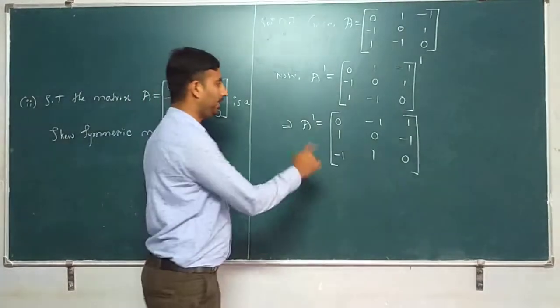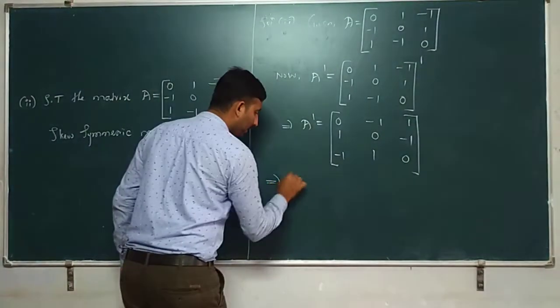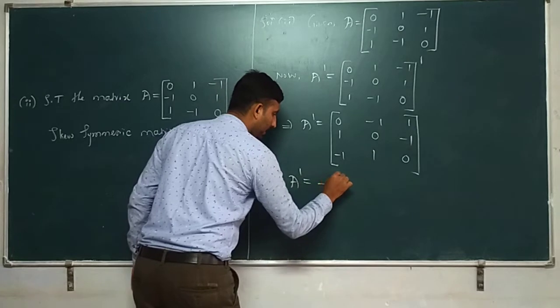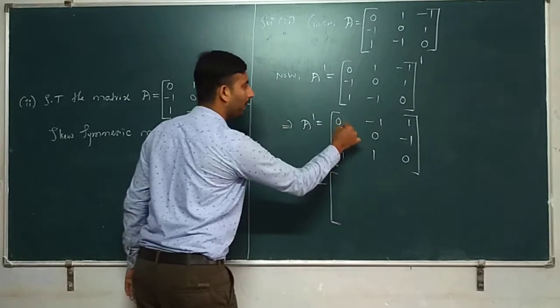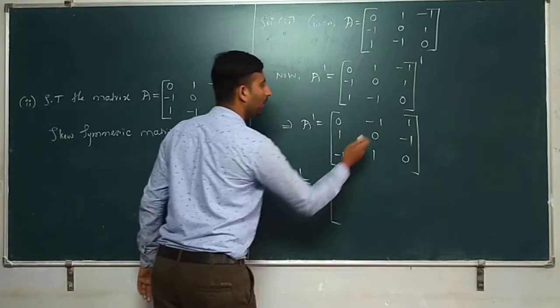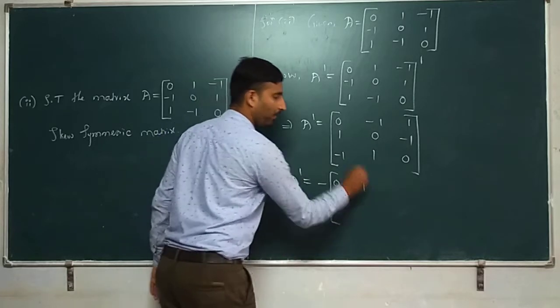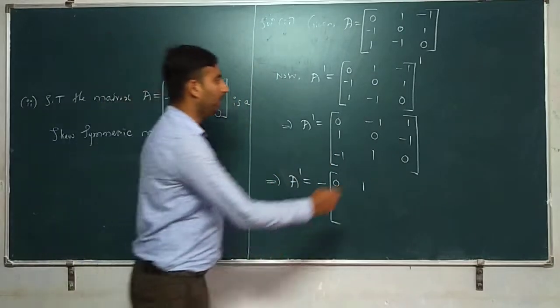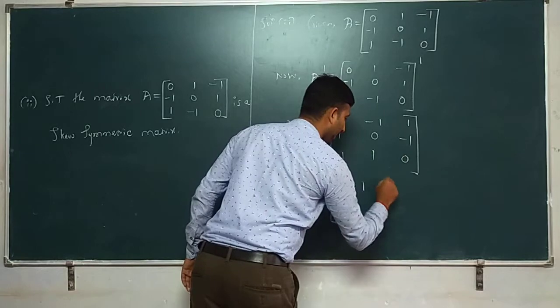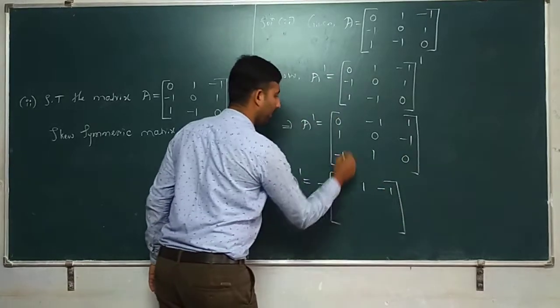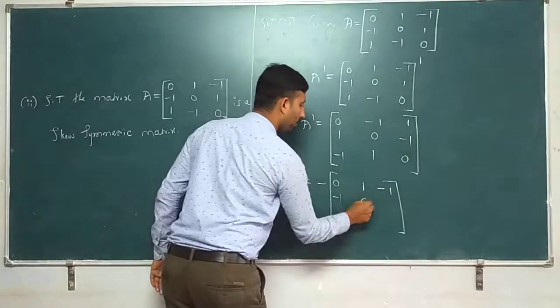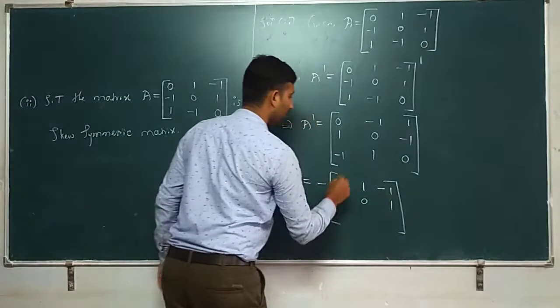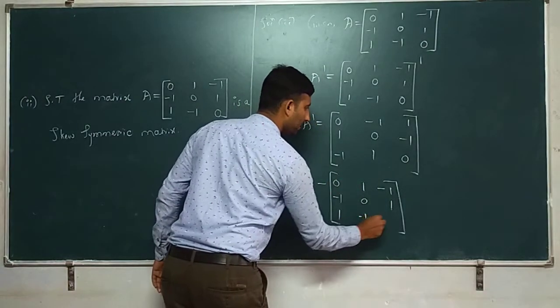Correct? After that, keep minus outside. The first row is 0. Minus outside means here there will be 1. Here there will be 1. 1 means here there will be minus 1. After that, here minus 1. Here there will be 0. Here 1. Here 1. Minus 1 0.